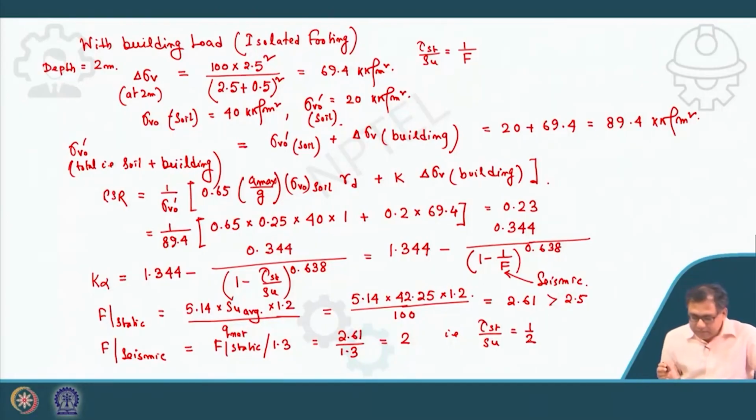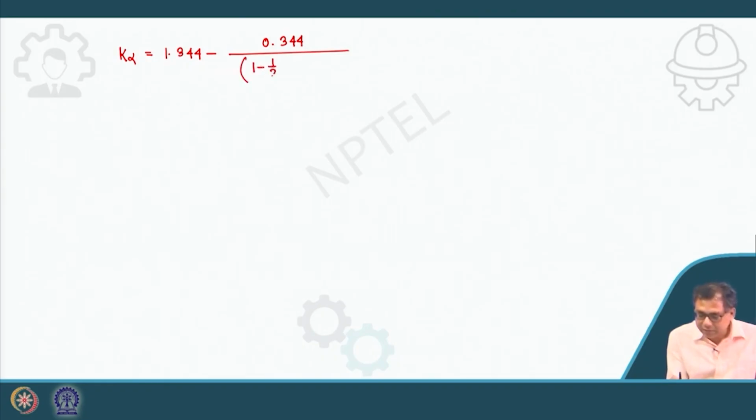So now if this is the case, then we can calculate the K alpha is equal to 1.344 minus 0.344 divided by 1 minus half.